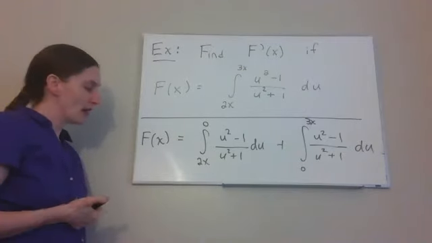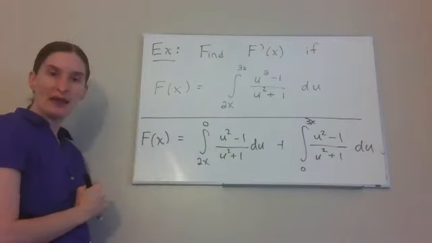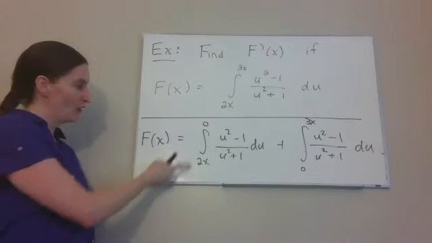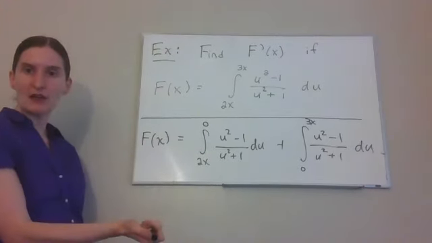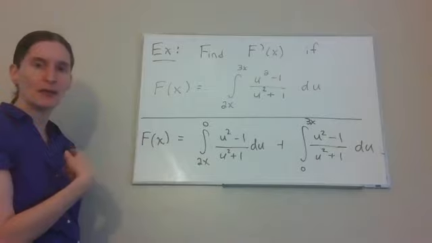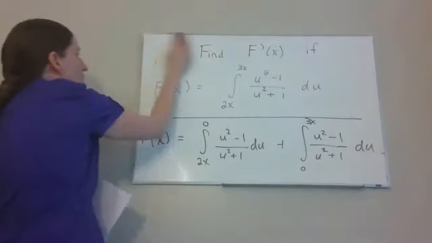Now, I had another property of definite integrals that said if I flip the order of integration, it makes the integral negative. So I'm going to flip this guy upside down so it looks like my fundamental theorem of calculus, so I can apply that theorem a little easier. When I flip this upside down, it's going to make it negative.